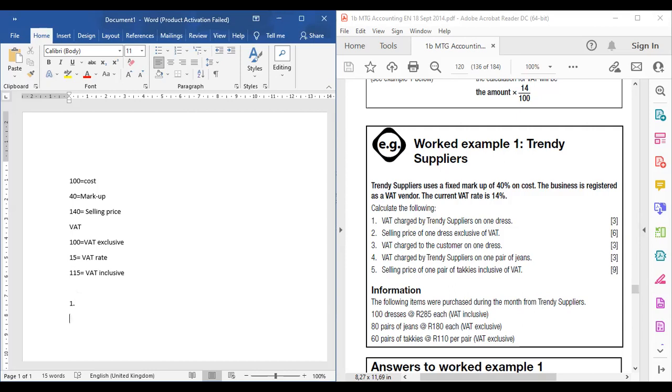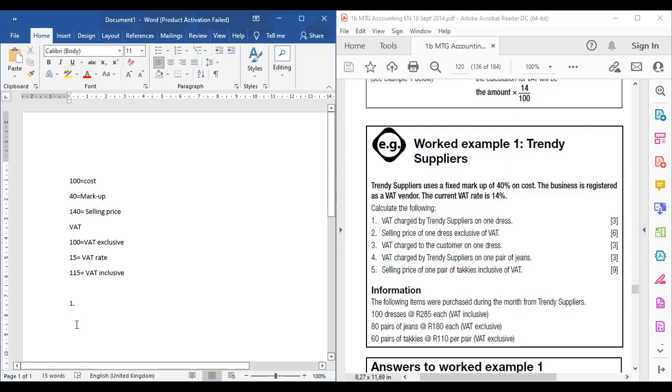This information relates to trendy suppliers, and dresses were 285 each, VAT inclusive. So right now we are being asked to calculate the VAT that is charged on one dress.